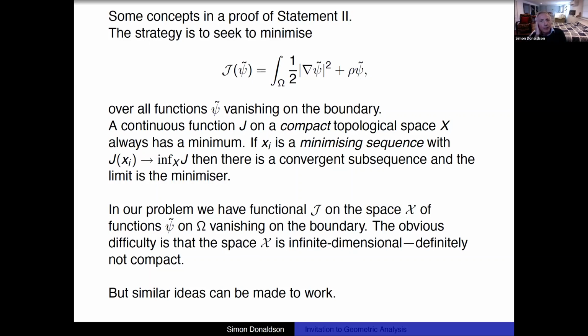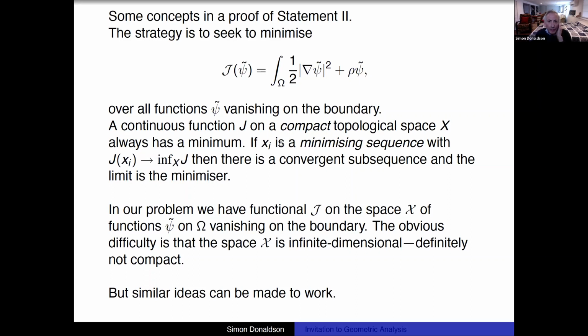Why should we be able to minimize what's called a functional on a space of functions? Of course, in a more elementary setting, if we have some compact topological space X and a continuous function, let's call it J, on it, then that function always has a minimum. How do we prove that? Let's say it's sequentially compact to be completely precise.